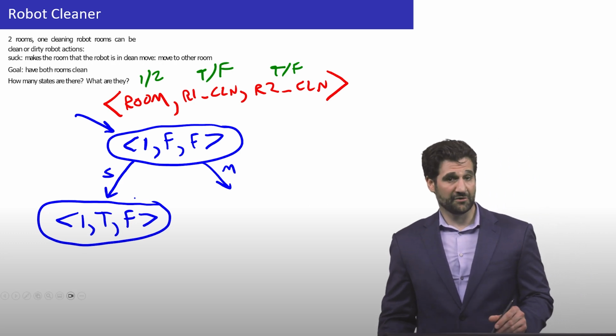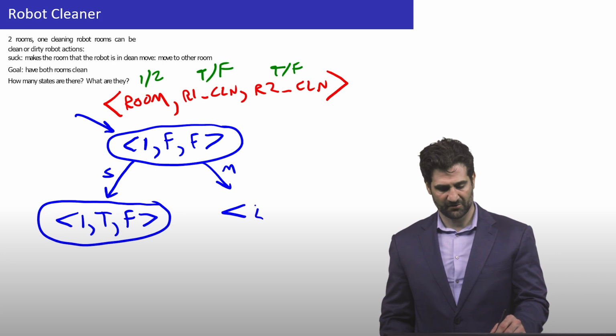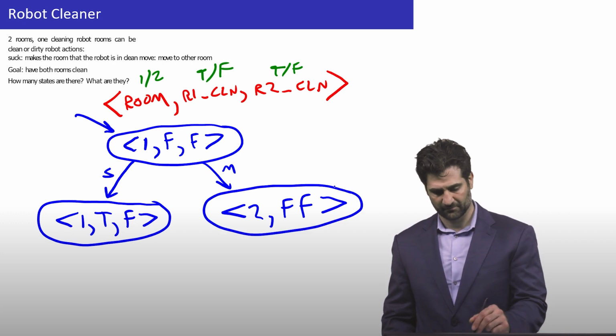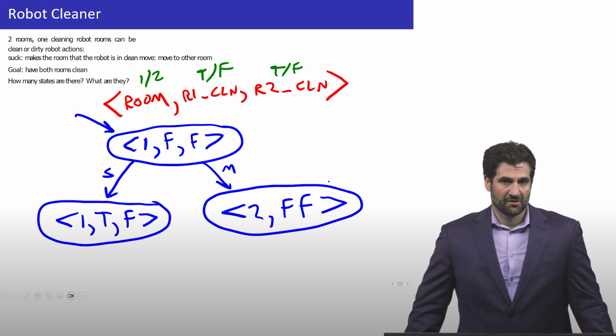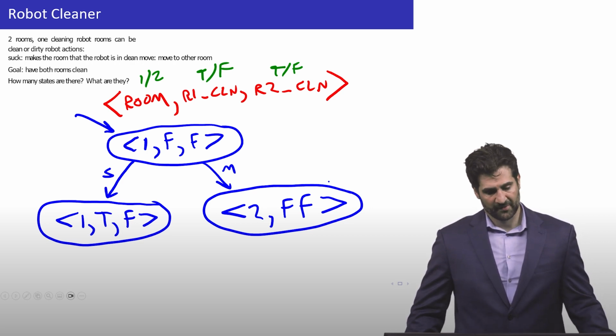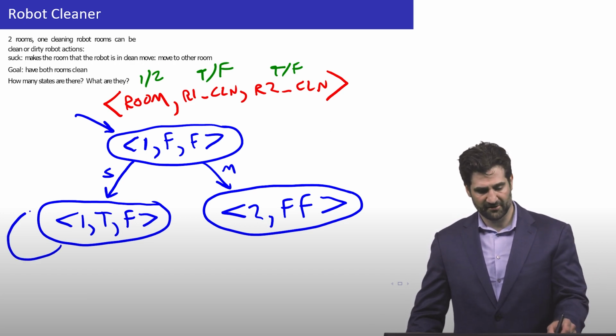Now, if the robot moves, it's a different state. It's going to be in room 2, but both rooms are still dirty. All right, so now the robot is in room 1 still, and it just cleaned it. So there's 2 actions from there. The robot can either suck, and if the robot does another cleaning action, well, nothing happens. The room's already clean. So we can have this arrow to itself.